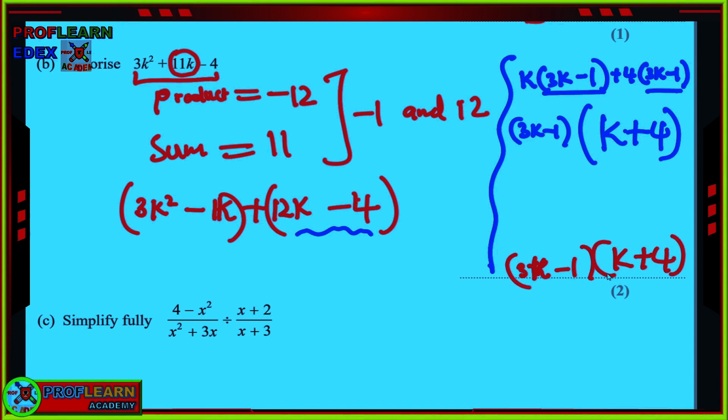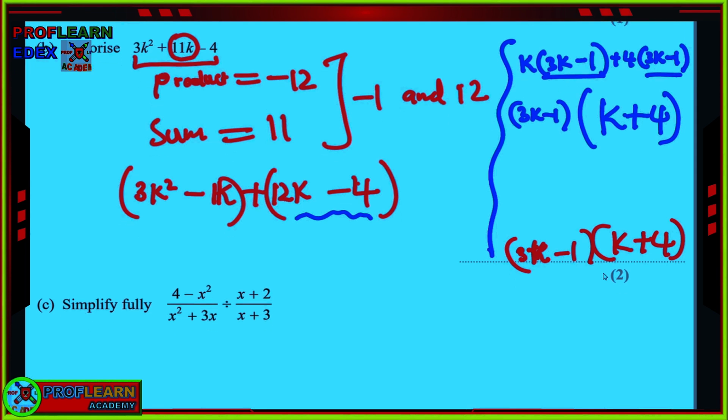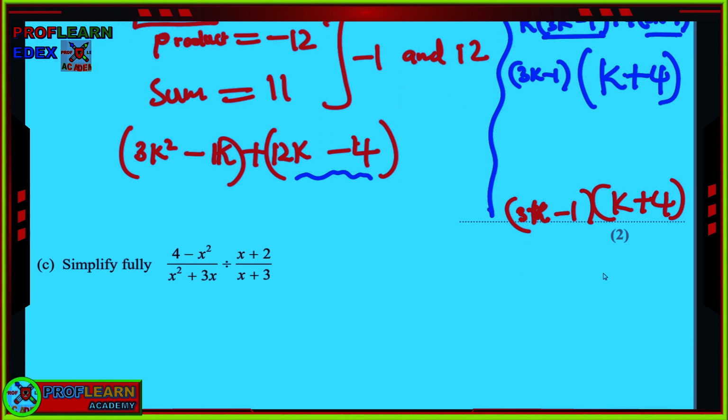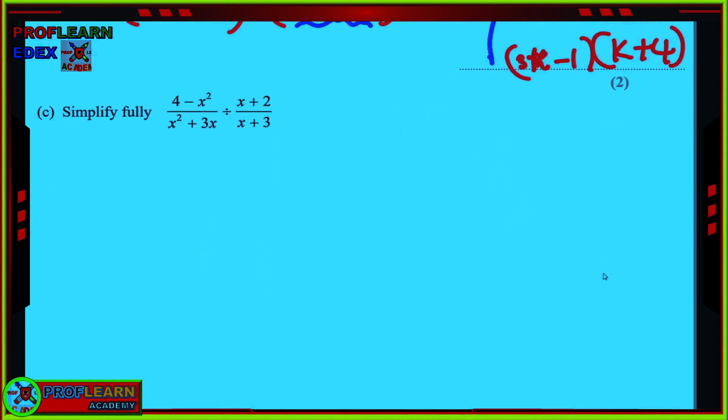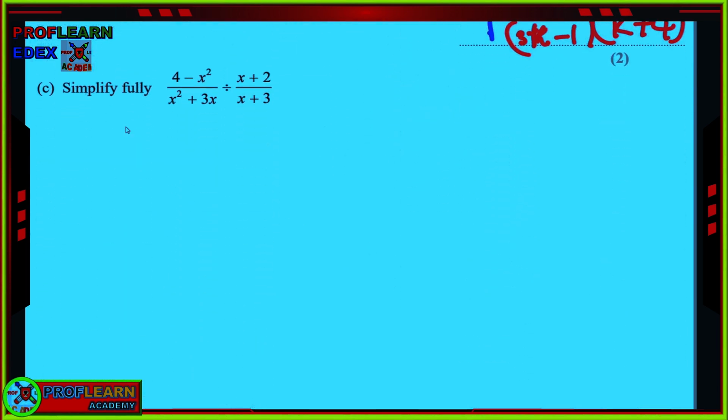So what I'm trying to say, as you are going to sit for that exam in 2-3 days, you must know how to express or factorize or simplify. This one also is another question of simplification.